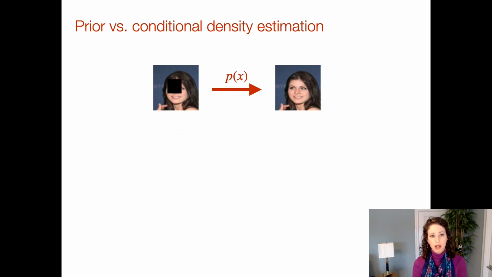For me, the easiest way to think about this is in the context of probability density estimation. So imagine that we were trying to solve an inpainting problem. So we only observe a subset of the pixels in the image, and we want to be able to fill in the remaining pixels.